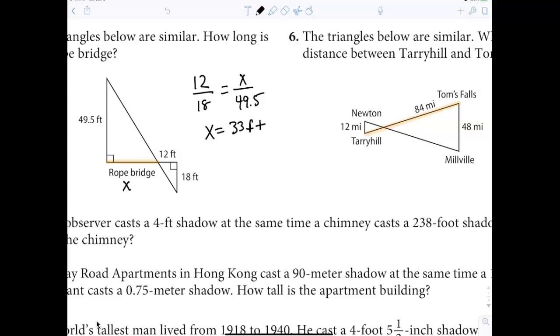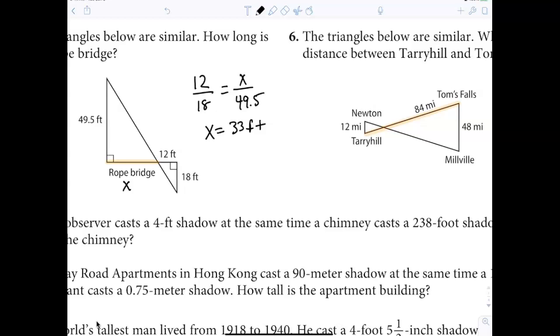Well, remember, there's multiple ways to set up the proportion. The only thing I care about is how did you set it up? That's the only thing I care about. Come on, tell me.